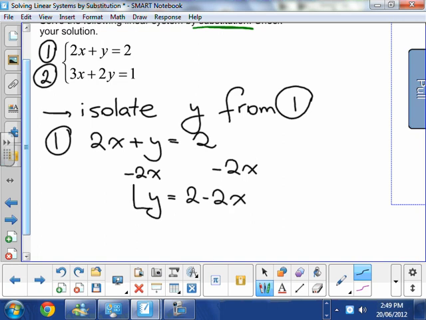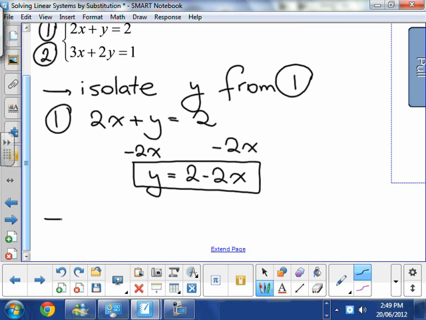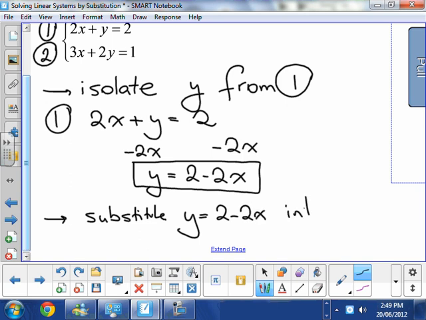I isolated y, and it's nothing else but 2 minus 2x. What do I do next? Take the second equation and substitute this y value for the y in the second equation. Substitute y equals 2 minus 2x into the second one.